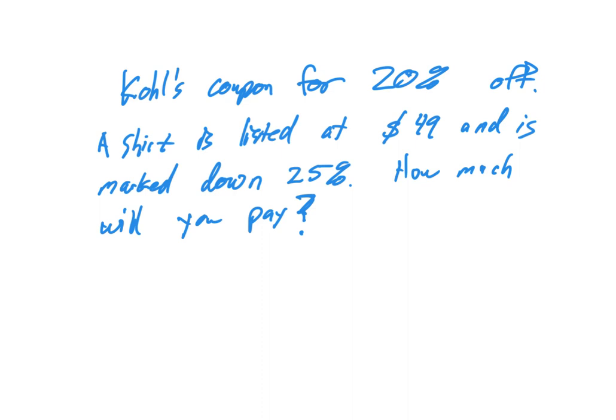Well, we start with the original shirt, which was $49, and it's 25% off. So 2 ways of going at this. I could take 25% of this and then subtract it, or if it's 25% off, then it only costs 75%. So I want to find 75% of 49.